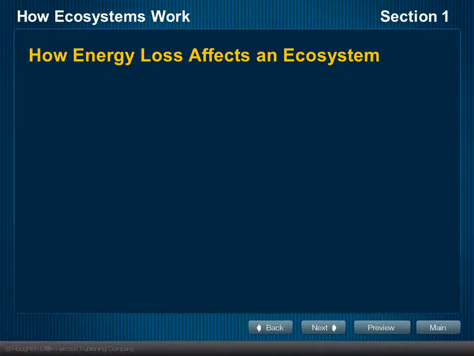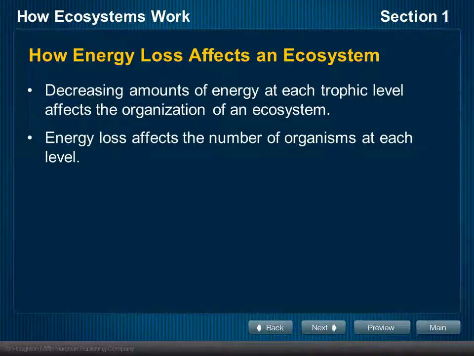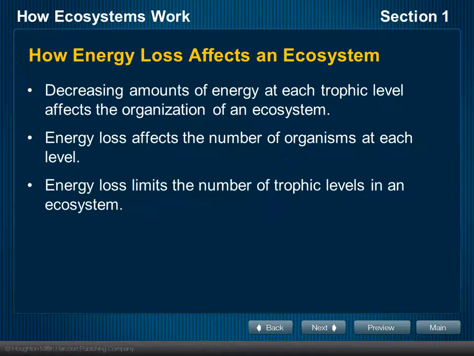And how does this affect an ecosystem? Well, we see that it affects the numbers at the different trophic levels because there are decreasing amounts of energy. It lays out for us, or drives, how the ecosystem is actually going to be organized. It affects the number of organisms at each level, which we've already said. And it has an impact on the number of trophic levels.